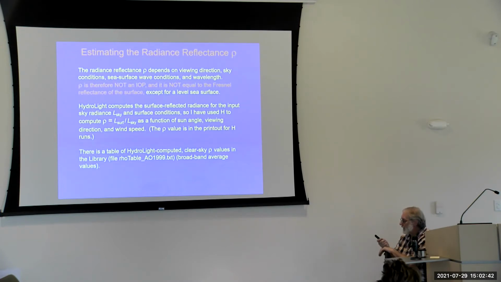So I went home after the class, did a whole bunch of simulations for different viewing directions and different wind speeds and different sun angles and all of that, and put together a table of rho values that you can actually look up, by the wind speed, the viewing direction, sun angle, and all of those, and get a better value of rho.